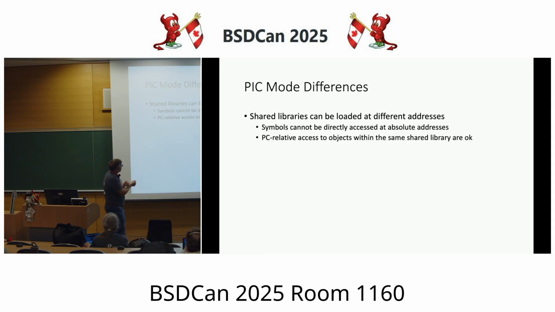But one thing that we can use is we know that even if the shared library is located at a different location in the address space at any given time, the relative offset between different things inside the same shared library doesn't change. So if we can get the value of some kind of offset inside our shared library, we can find something else within our shared library because we know it's at a fixed offset from that location.